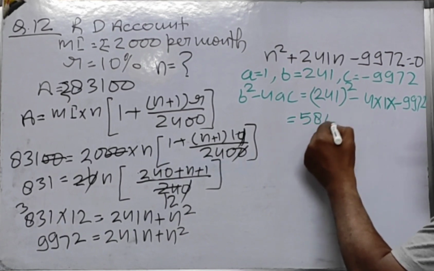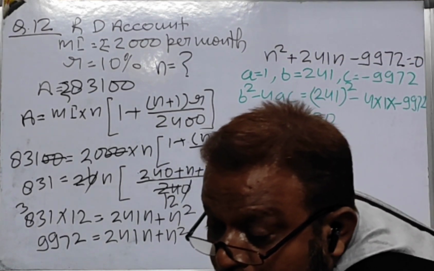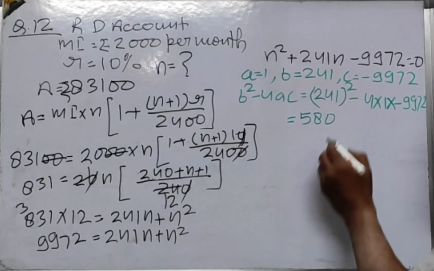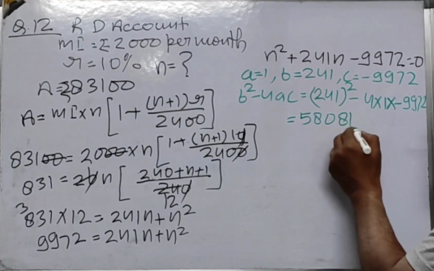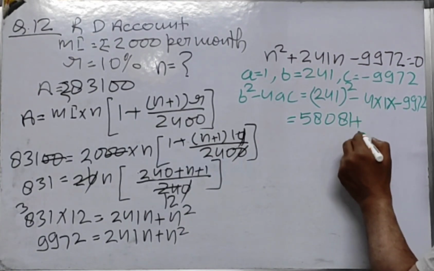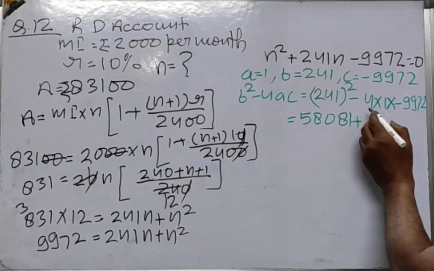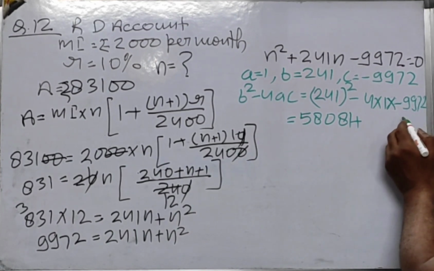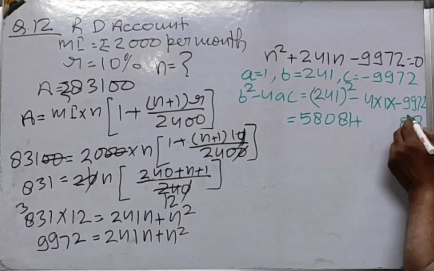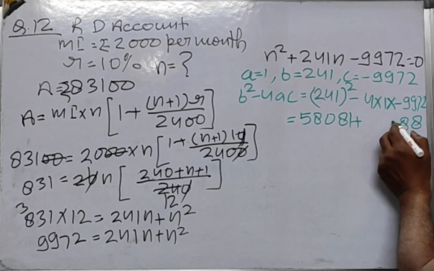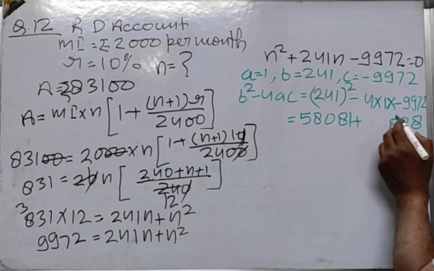Minus minus plus. Now this is how much? 4 into 2 is 8, 4 7s are 28, we get 2. 4 9s are 36, 2 is 38, we get 3. 4 9s are 36 and 3 is 39.